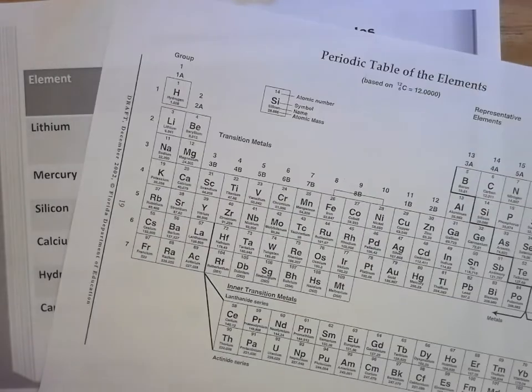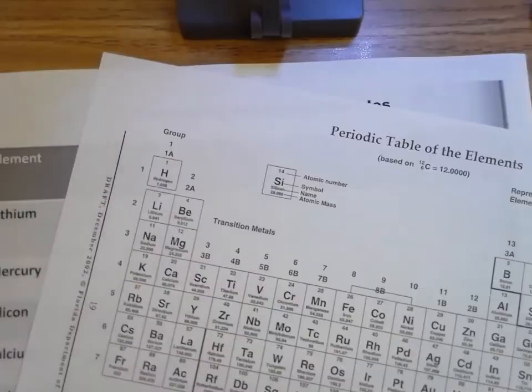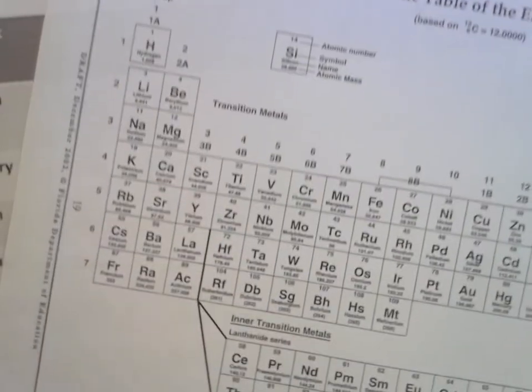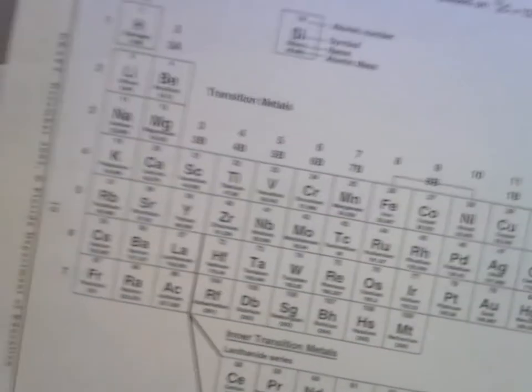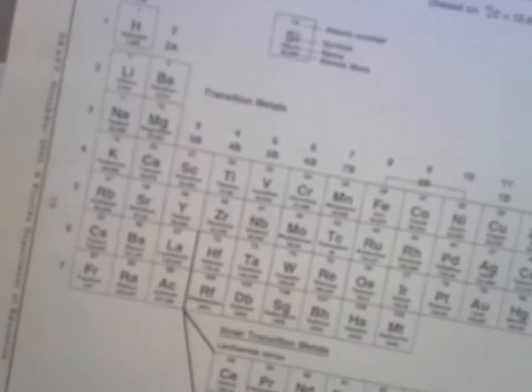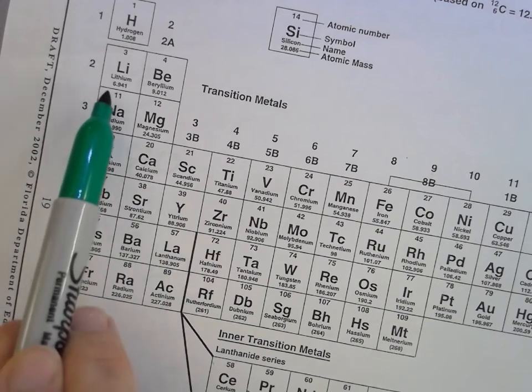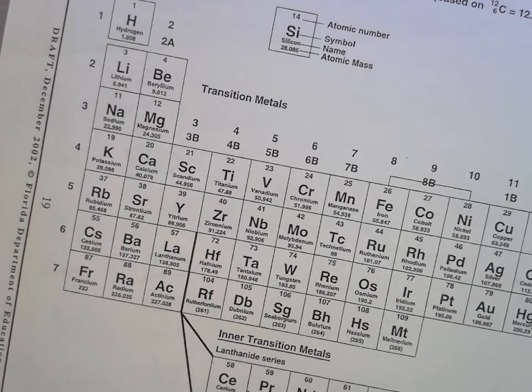We'll do a couple. So you probably can't see that, so let's get a little closer and see if we can focus this so you can actually see it. There we go. So lithium, the bottom number is 6.941.